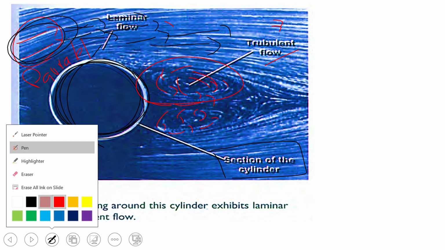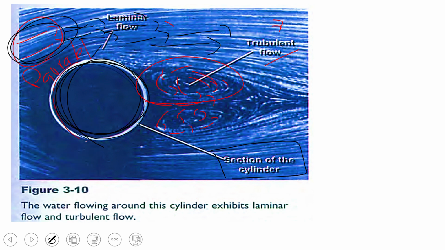Why does it become like that? Because we are throwing this object inside the water. Of course, the shape of the water immediately becomes deformed or changed. So for example, when you throw something, or something comes on the way, the shape of the water becomes deformed.